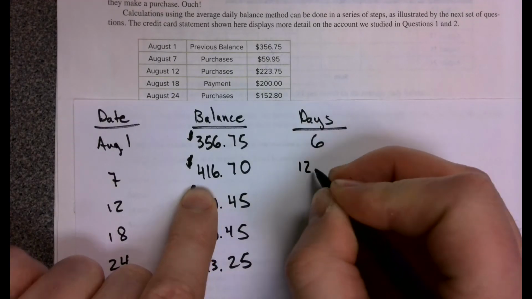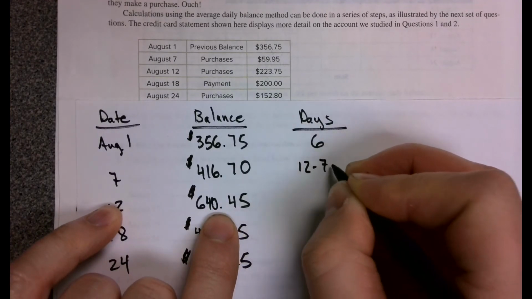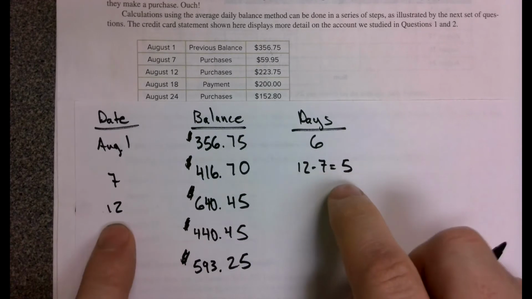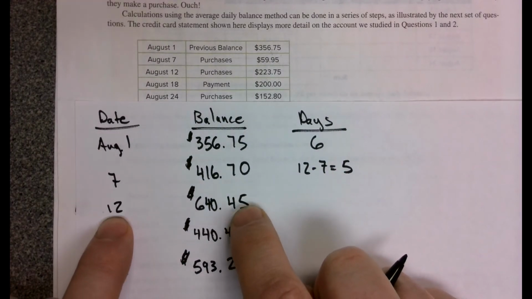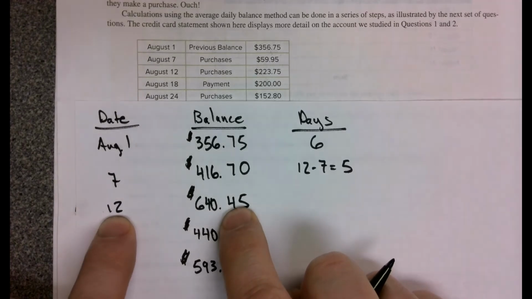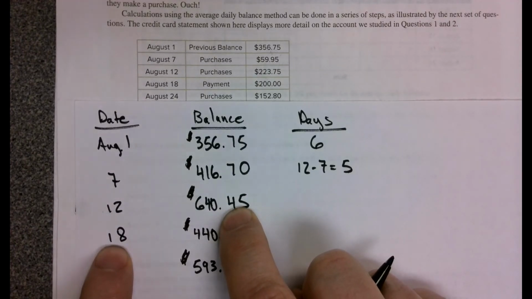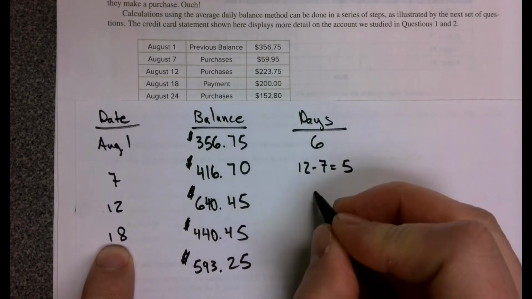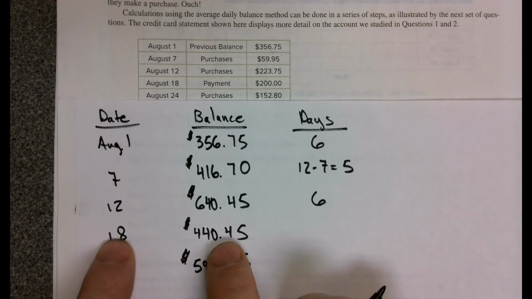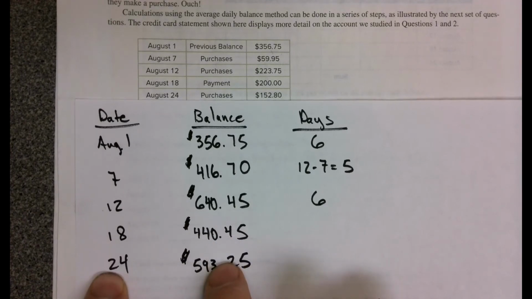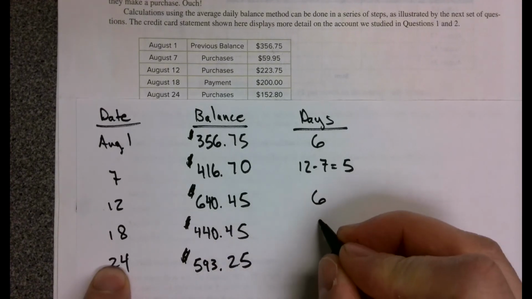And we don't have to use our fingers. We could literally just subtract these numbers and we could say, oh, it's going to be for 5 days at this balance. And then it becomes this balance on the 12th day of August. And so from the 12th to the 18th, that's another 6 days that it remains this balance. And then from the 18th to the 24th, that is another 6 days that it's this balance.